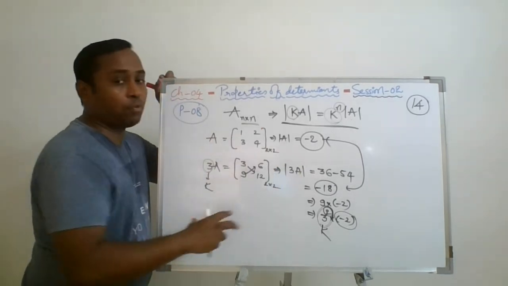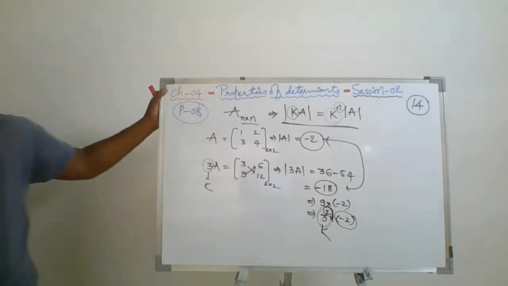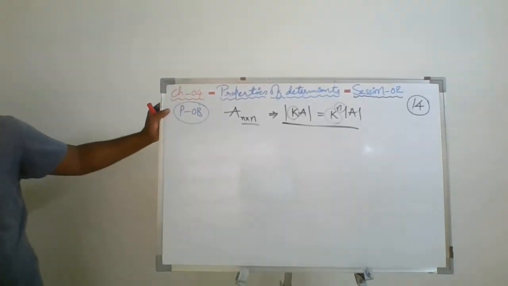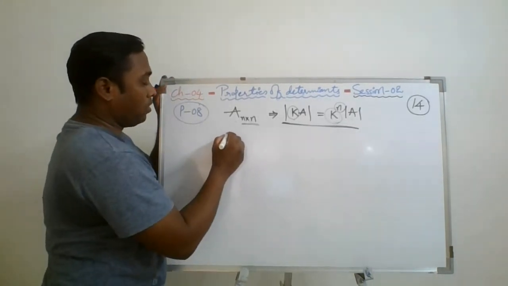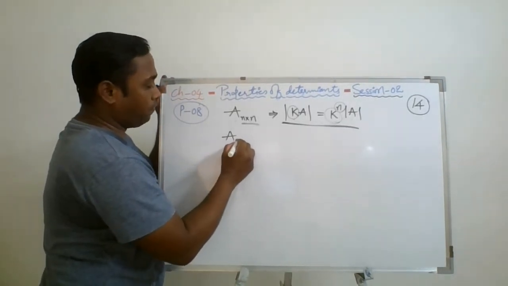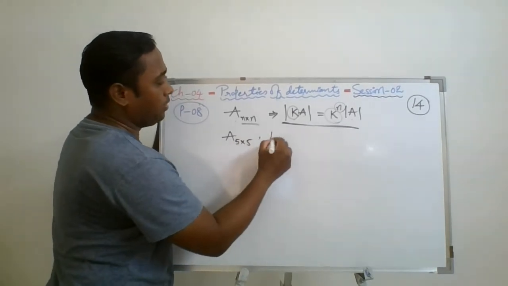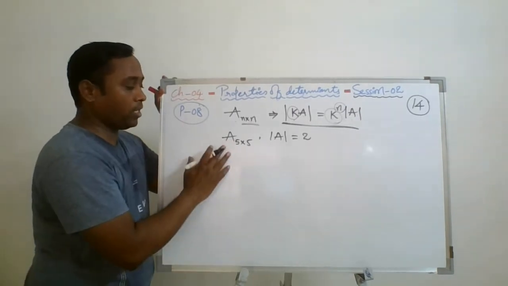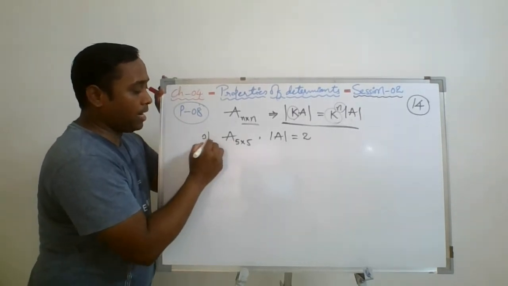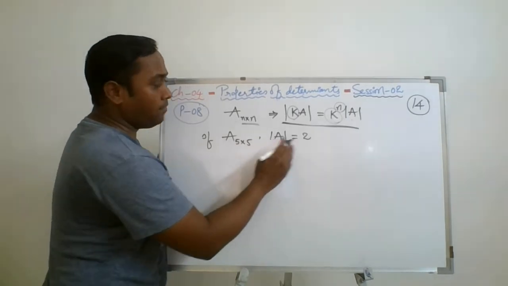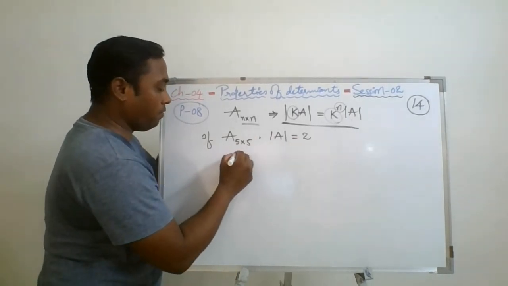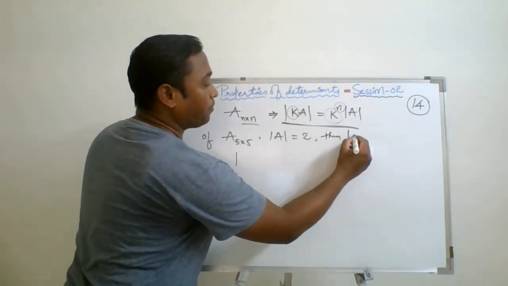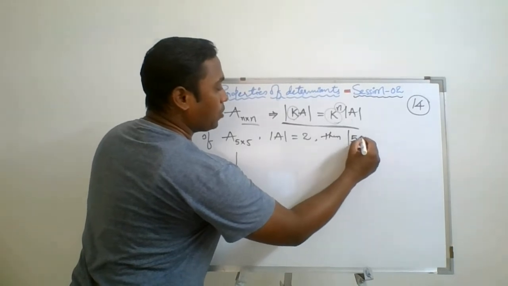Now based on this, I am going to ask one question. For a matrix of order 5 by 5, where the det value of this matrix is 2, find the value of the determinant of 5 times this matrix.